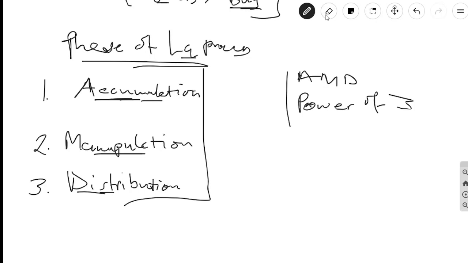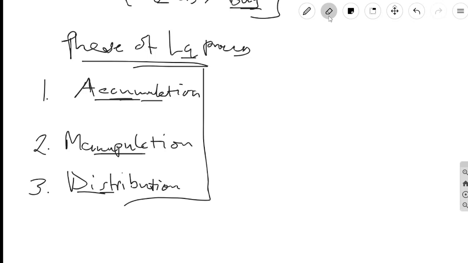But why did I put this as one of the topics in market structure?